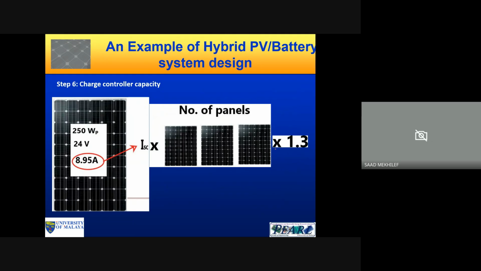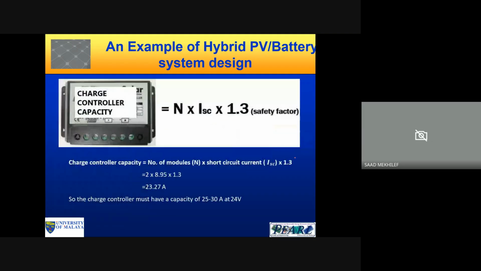Okay, the number of panels, and the charge controllers, because we need the charge controllers since we have a battery. The short circuit current is around 9 amperes. The number of panels, like we said just now, is 2 panels multiplied by 1.3. 1.3 is the safety margin, or we call it the safety factor.